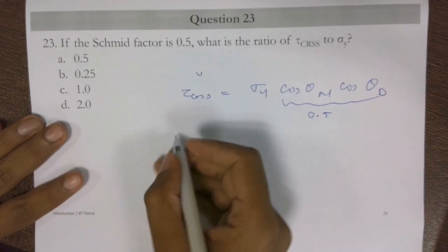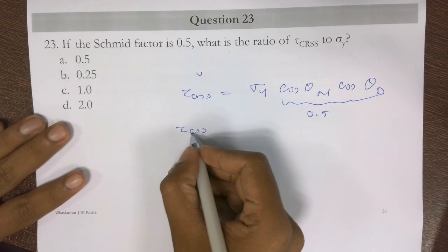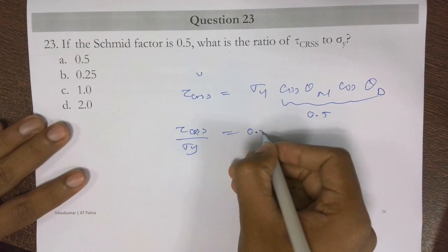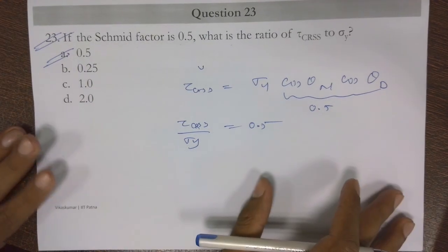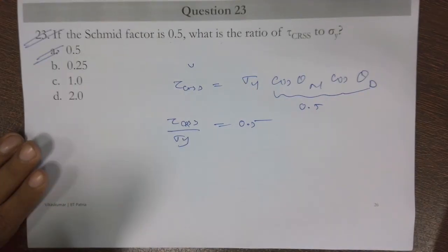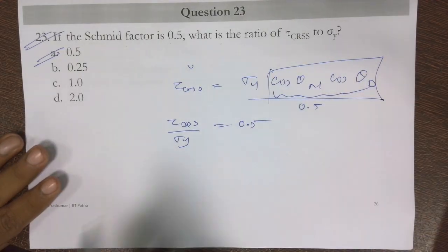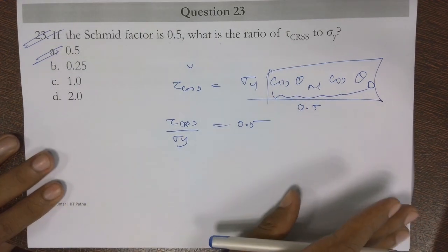So the ratio tau CRSS divided by sigma y will be equal to 0.5. So that will be the right answer. Very easy question, so one needs to know it. During my BTech time, I forgot that this is the Schmid factor, and I made a lot of mistakes in the exam. Anyway, let's go to the next part, question number 24.